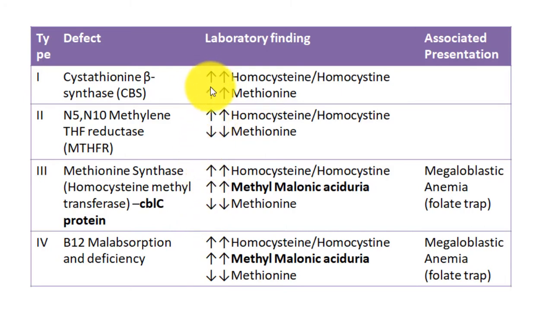Both have increased homocysteine, but they have a reverse methionine pattern. Homocysteine will be high, methionine will be low. And in vitamin B12 deficiency there will be association of methylmalonic aciduria as well, plus megaloblastic anemia.